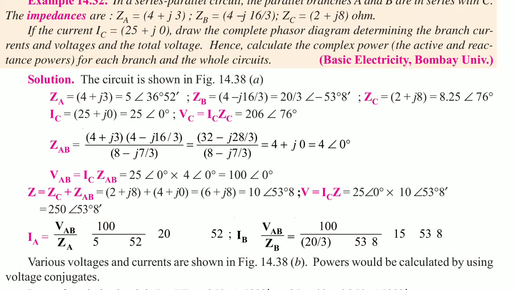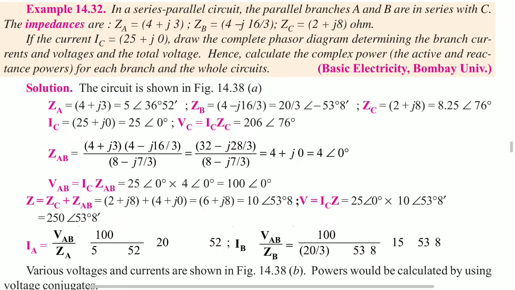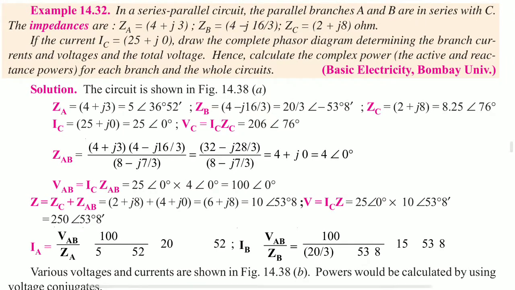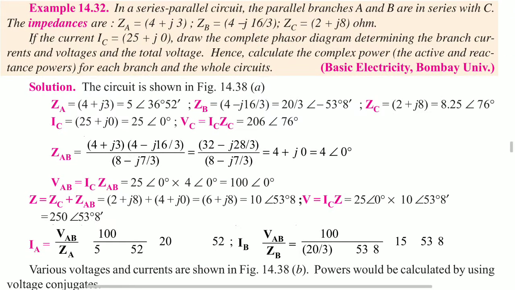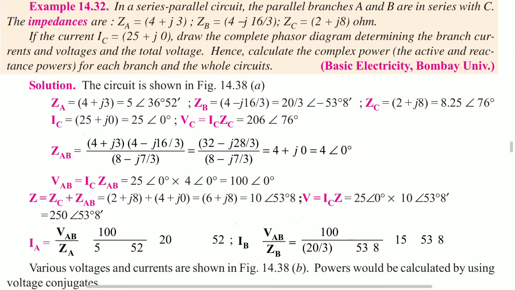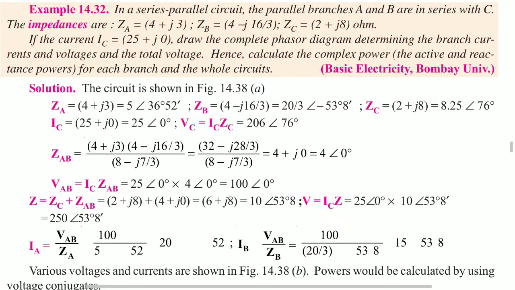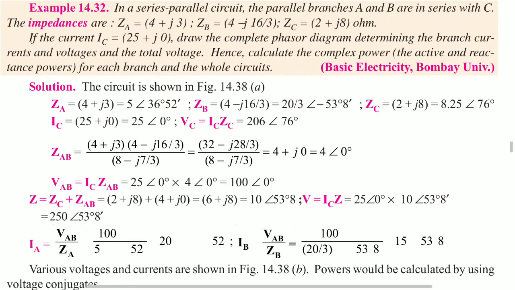Now the impedance of branch A, that is denoted by ZA. So here ZA is equal to 4 plus J3, it is in rectangular. Now the polar form is 5 angle of 36 degrees 52 minutes.